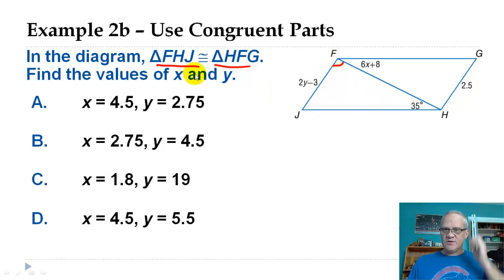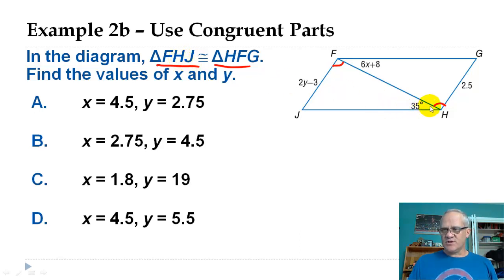In that triangle, F has to match up with H in the other triangle, HFG, so it's going to match up with this one. Okay, then the H in the first triangle will match up with the F in the other triangle. Okay, so that's why it's a little tricky. You got to be careful here.